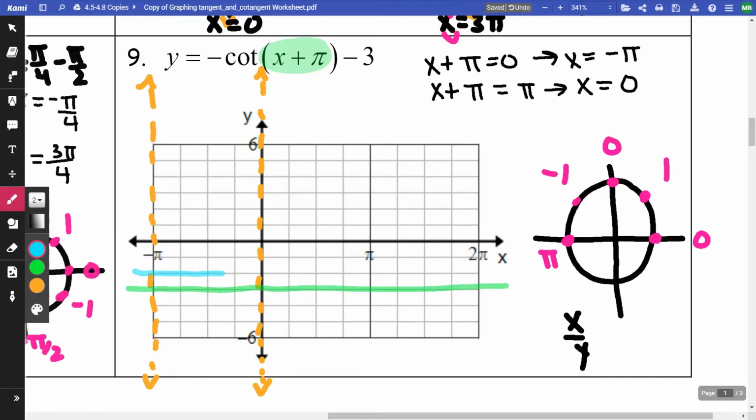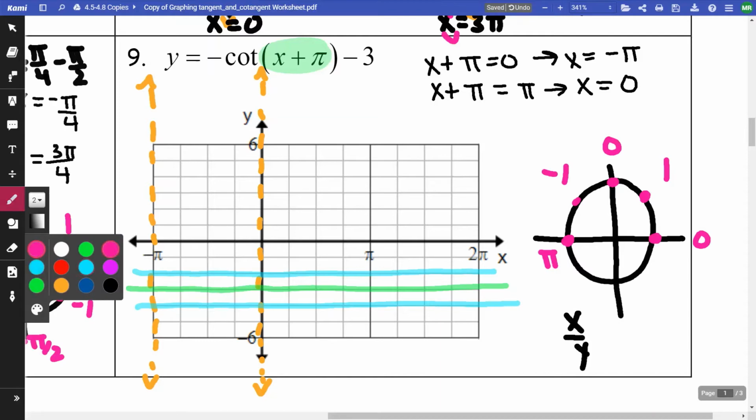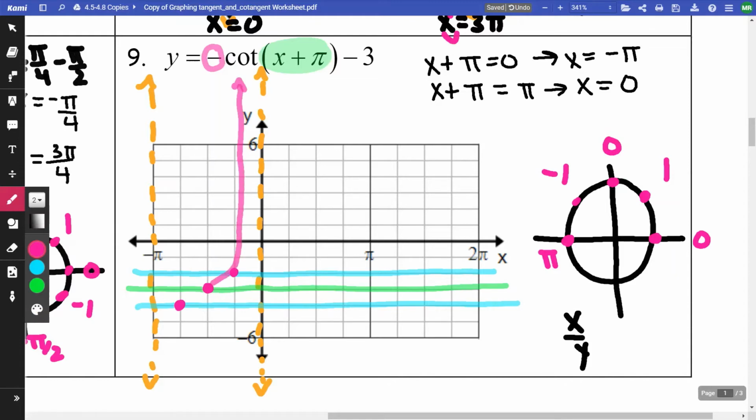I am going to be going up 1 and down 1. This is a negative cotangent, so I am going to be flipping it. So instead of thinking of it starting at 1, I'm going to think of it starting at the -1. So I am going to be starting at -1, then 0, then 1. And then I have that.